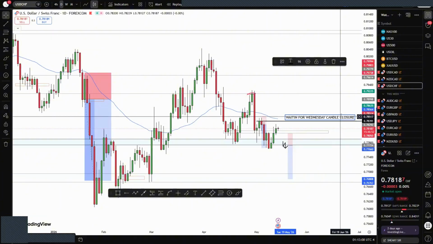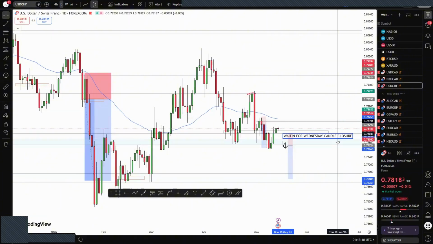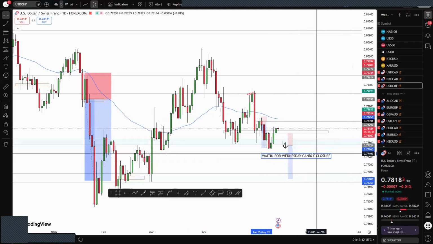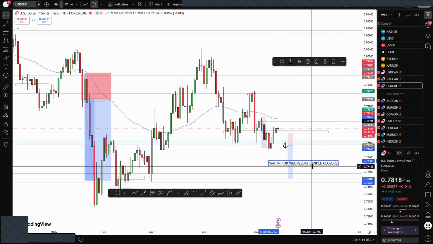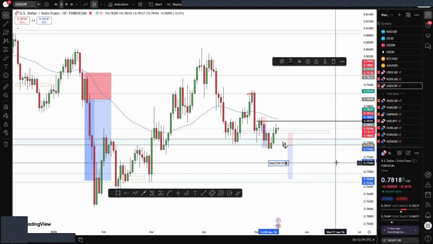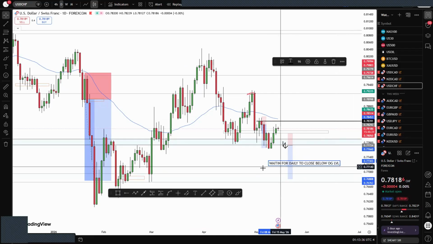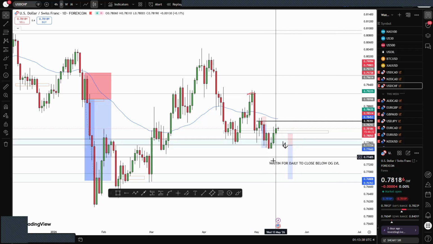So the only way we can sell is if the daily has a closure below this level, which is right around this level.